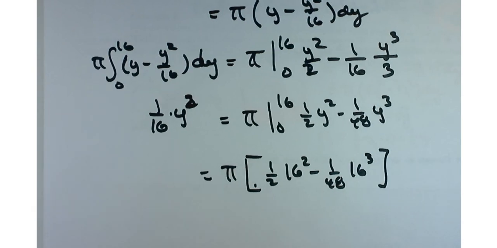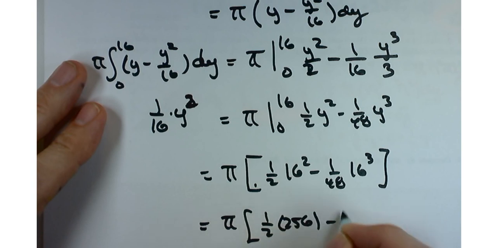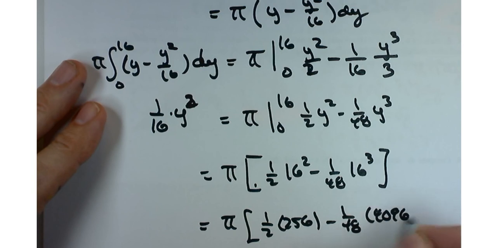Boy, that's 4,096. Someone help me out on that. Is that right? Yeah. Whew, all right. Good job. So pi times 1/2 times 256 minus 1 over 48 times 4,096.